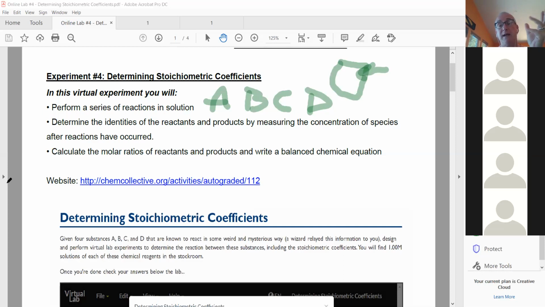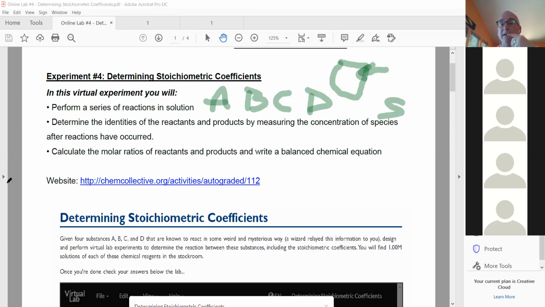And if you had a precipitate, because remember the last experiment formed a precipitate, it would give you the mass of the solid. Well, here we don't know if the product is going to be a solid or whether it's going to be a product that's still in solution. Maybe it's going to be ionic. We don't know. We don't know if A, B, C, or D are ions or whether they're covalent.